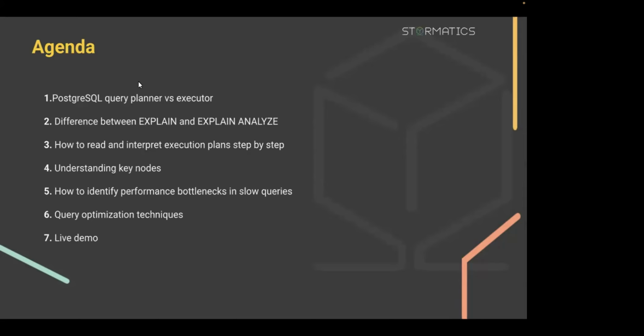We'll also read and interpret execution plans step by step, and because nodes are the building blocks of these EXPLAIN plans, we'll also understand different types of scan and join nodes. And we'll also understand the performance bottlenecks, the common patterns to look for, and how to fix them. And then we'll close this session with a live demo where we'll try to fine tune a slow query.